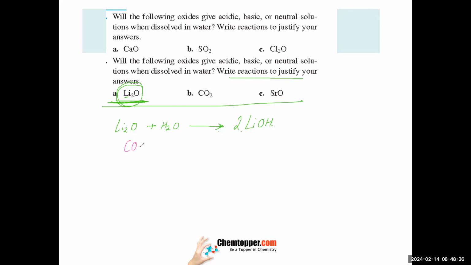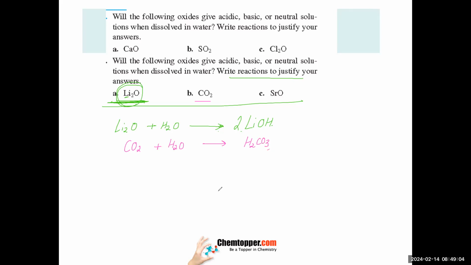What about CO2? Metallic, non-metallic, metal, non-metal. So non-metallic oxide. So acidic, basic. Acidic oxide, when you put them into water, you get an acid. What's the acid we are going to get here?